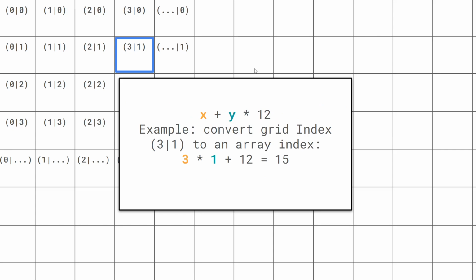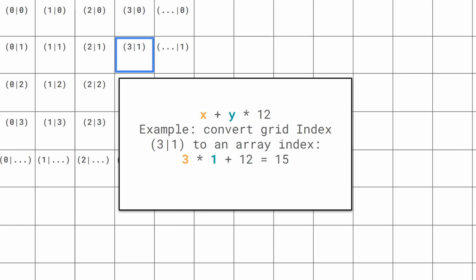And now an example: we want to convert a two-dimensional index. We can use any two-dimensional index we have, for example the one for the bounding box, and then we can convert this index into a one-dimensional index.